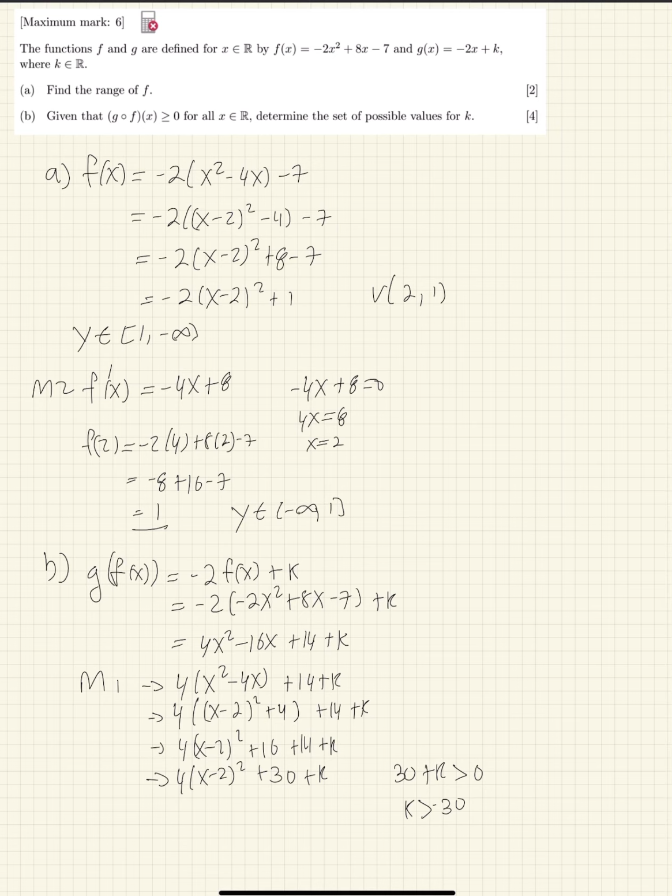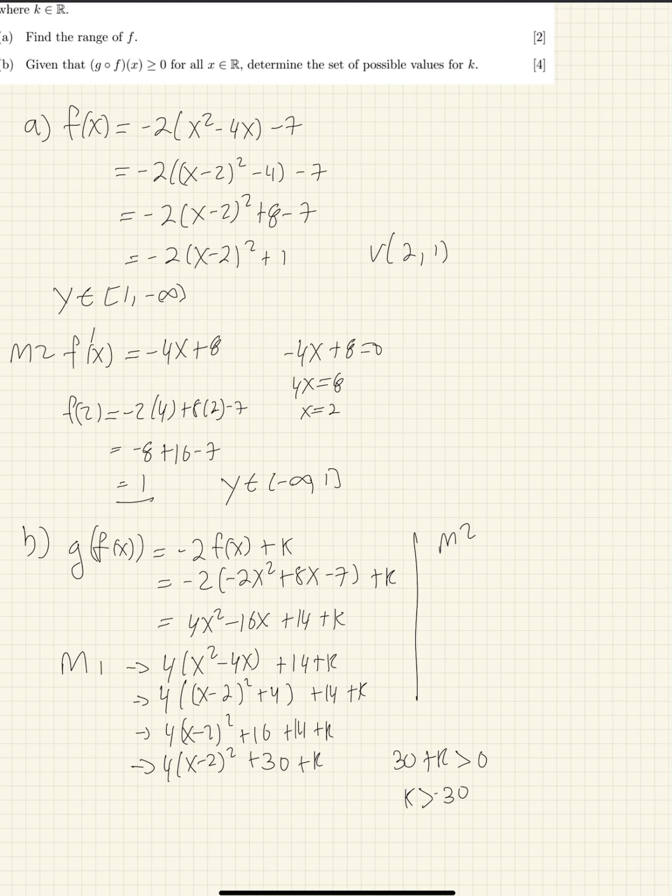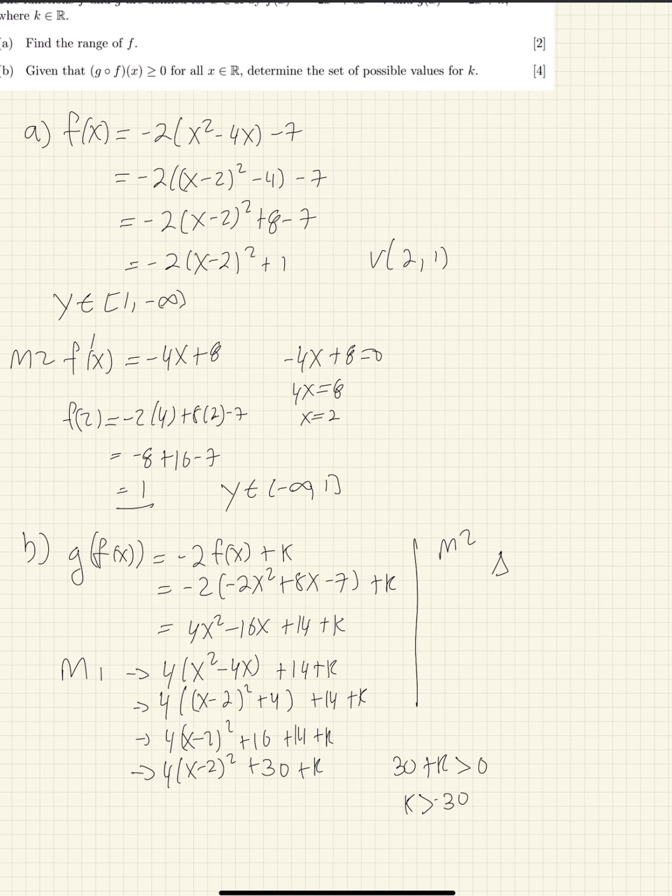Okay. Let's check this with a second method. A second method would be to take this quadratic right here and realize that if it's greater than 0 for all x, it has no real roots. And if it has no real roots, it means that the discriminant must be less than 0.